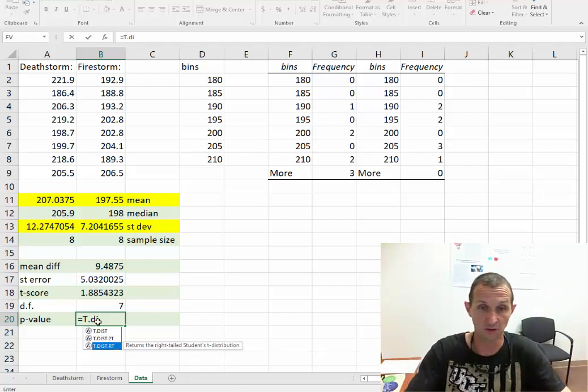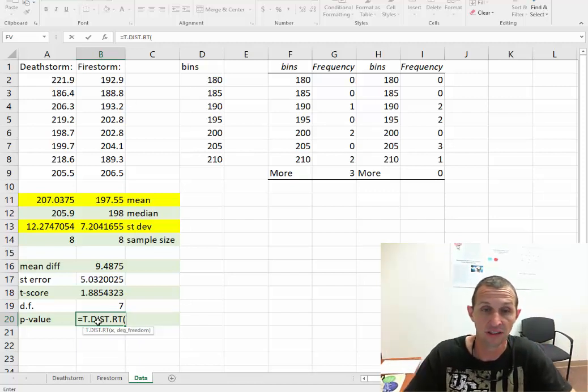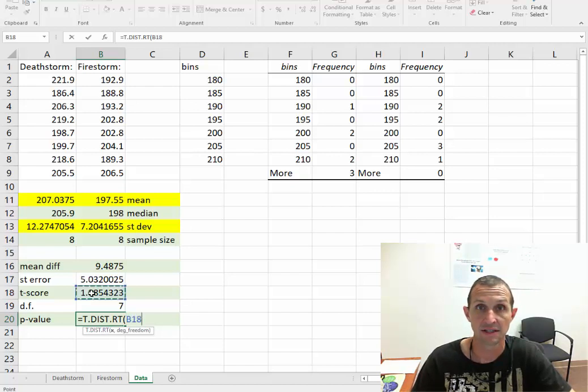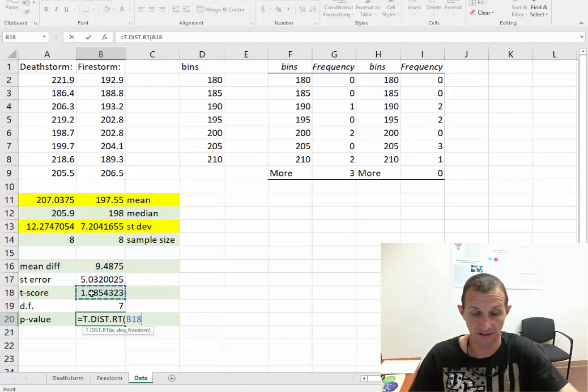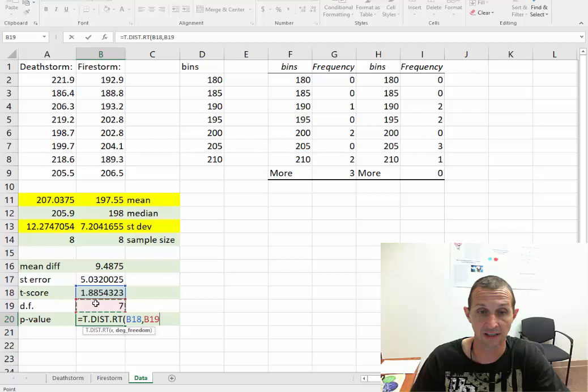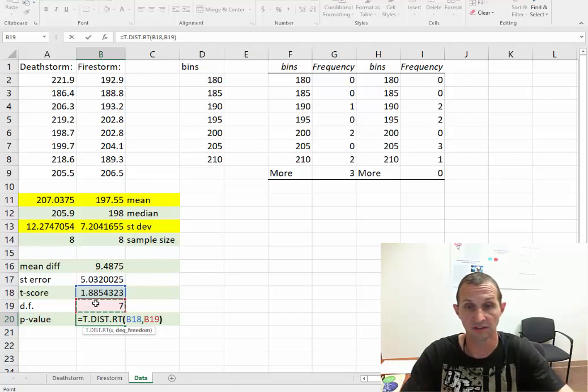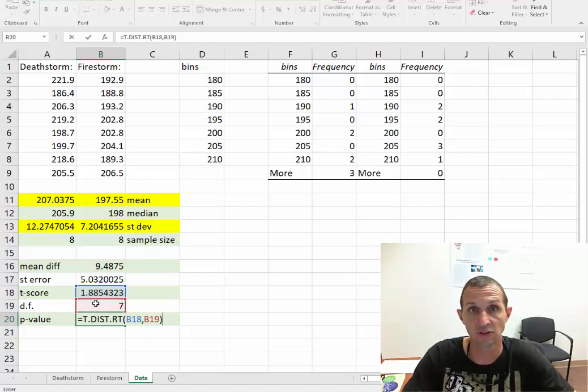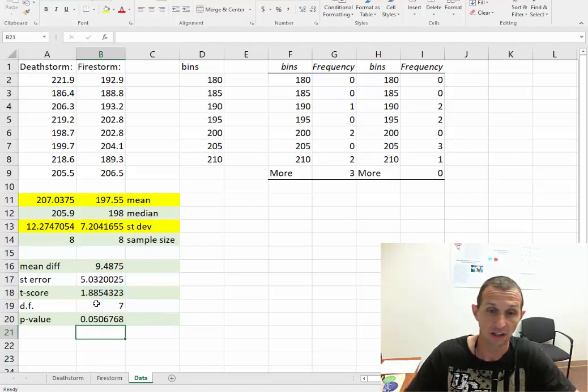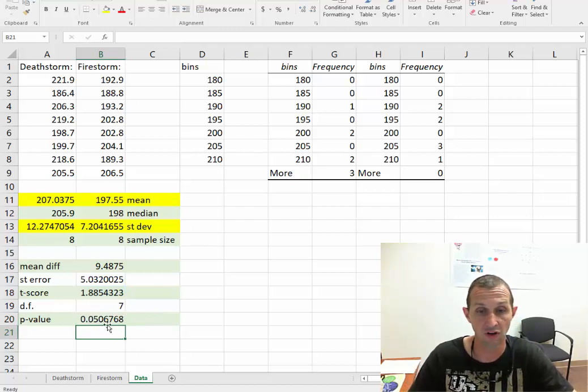And now the x is my t-score or my t-stat. And then my degree of freedom is right here. And so you've got those values right there, and you hit enter, and you get 0.0507, all right? And so that would be the way to do it by hand.